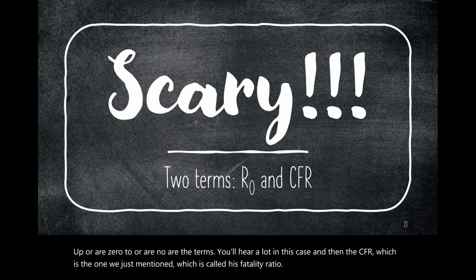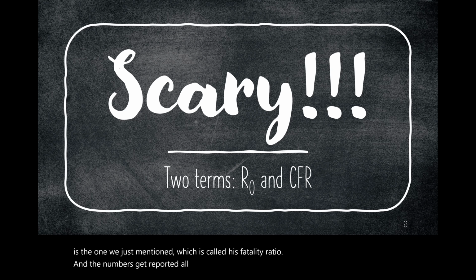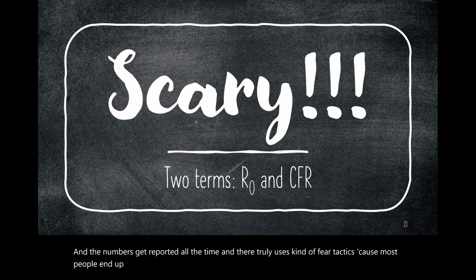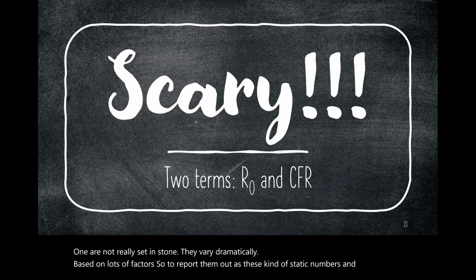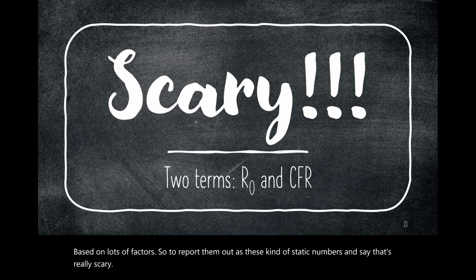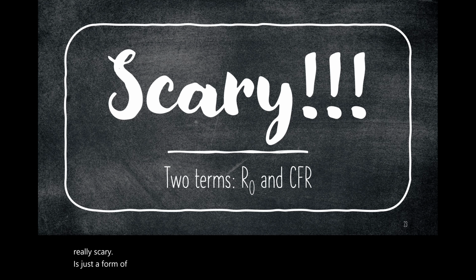These numbers get reported all the time, and they're truly used as fear tactics, because most people end up misusing them. Both of these numbers are not really set in stone. They vary dramatically based on lots of factors. So to report them as static numbers and say, that's really scary, is just a form of misinformation and disinformation. They're scare tactics.